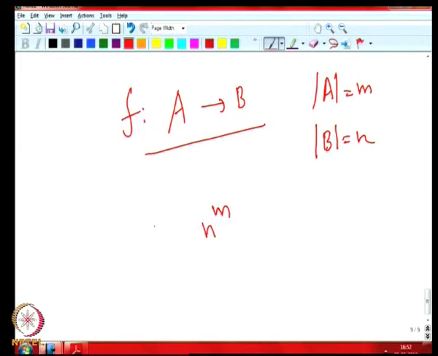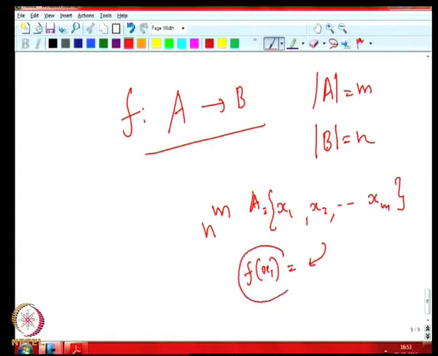Why? Because you can take the members of A, say x1, x2, up to xm. Then for f of x1, this can be any of the n values in B. So there are n possible ways to assign a value to f of x1.